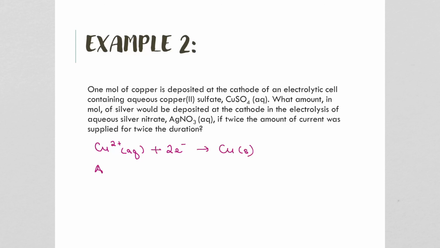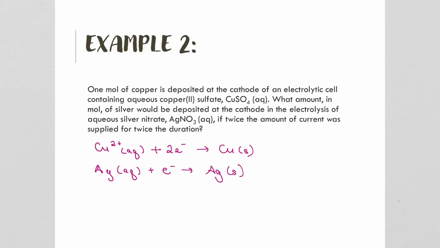And we have Ag+ aqueous plus 1 electron makes silver solid. So to produce 1 mole of silver, you need half as much charge as 1 mole of copper. So 1 mole of copper automatically would cause 2 moles of silver, but because we doubled the current, we times that again, and then it would be 4 times, because we've done that for twice the duration.